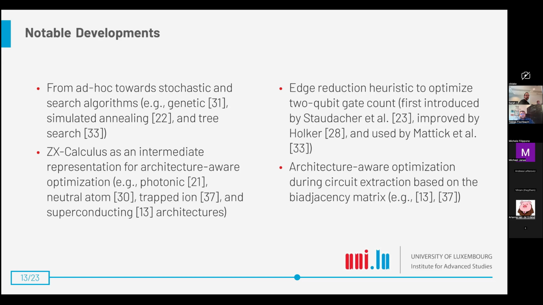And the last thing: during the standard circuit extraction algorithm, we run, for example, Gaussian elimination to solve the biadjacency matrix, and every row operation adds a CNOT gate, and then we hope that gate cancellation and gate commutation in the end get rid of a lot of these added two-qubit gates. And there are already works where you can restrict what row operations you allow by mimicking or restricting the gate placement based on the connectivity of the architecture.